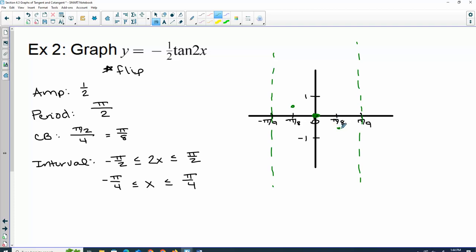And at positive pi over 8, I'll be at negative 1/2. Questions?